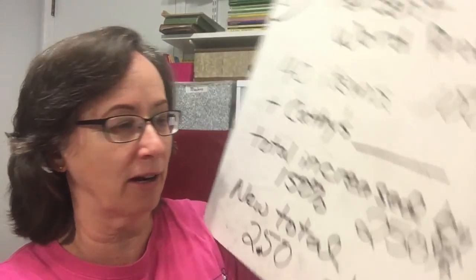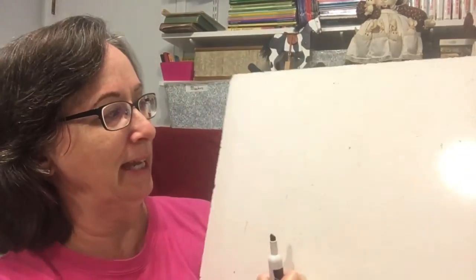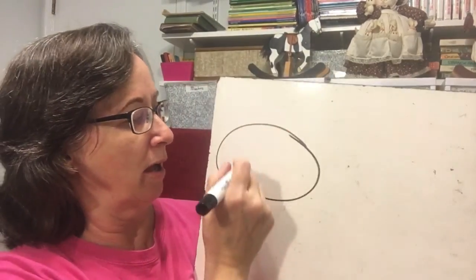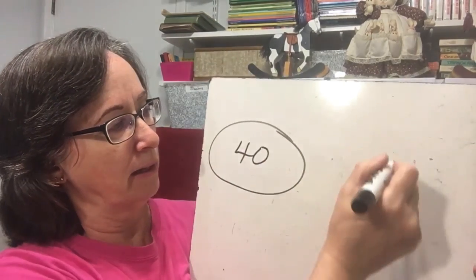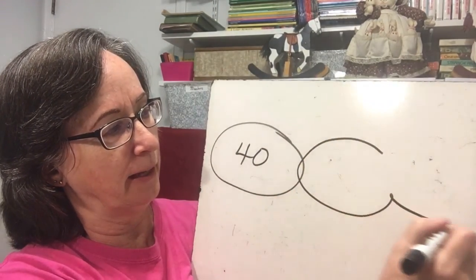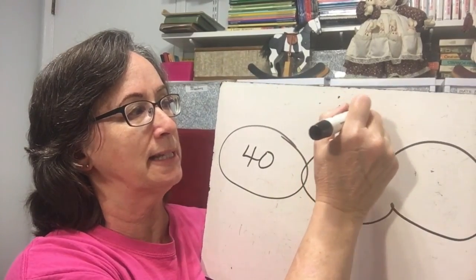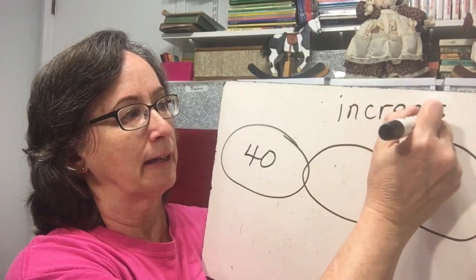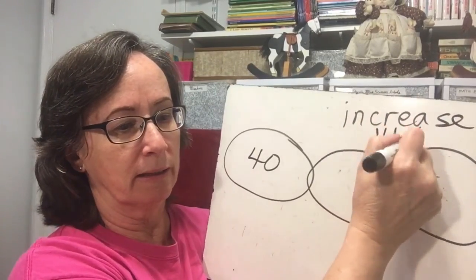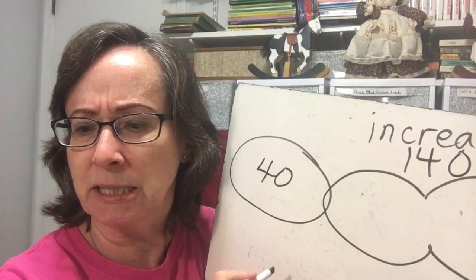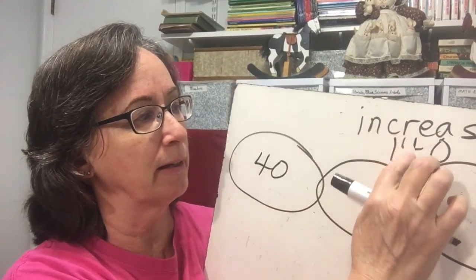Okay, so let's draw our diagram. So, last diagram for the evening. Over here, I'm going to draw the 40. Over here, in a peanut, remember, this is increased by 150%.